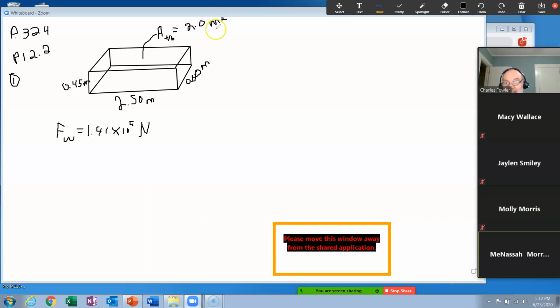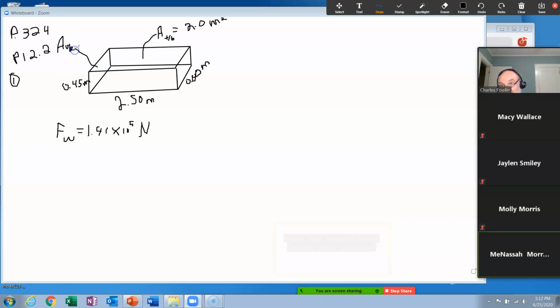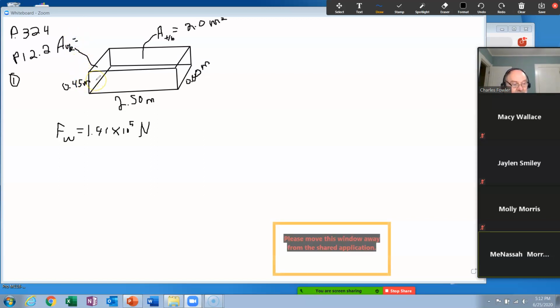Okay. Now, this end panel over here, I'm going to call this the right side. The area of the right and left sides, that's R/L if you're trying to figure out what that is, that would be 0.45 times your 0.8.